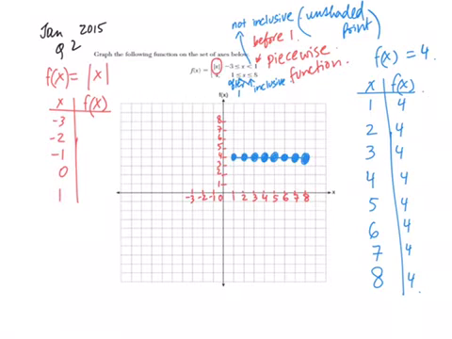So if I were to put -3, I get 3, -2 becomes 2, -1 becomes 1, 0 becomes 0, 1 is still 1. So let's plot these. So this is included, this is included, this is included, this is included, but this last point is not included.